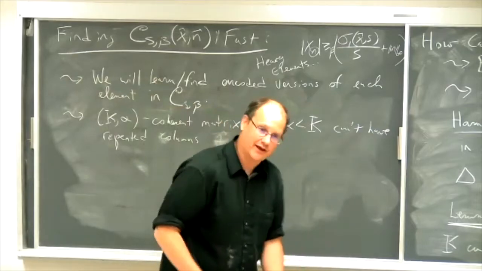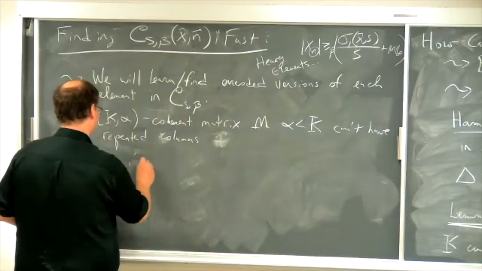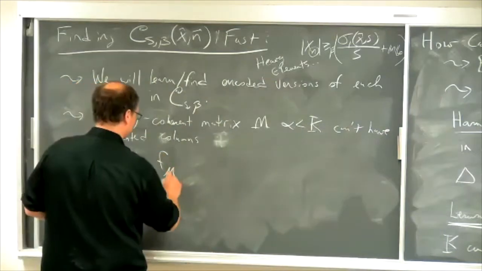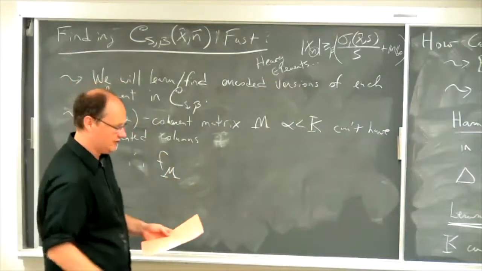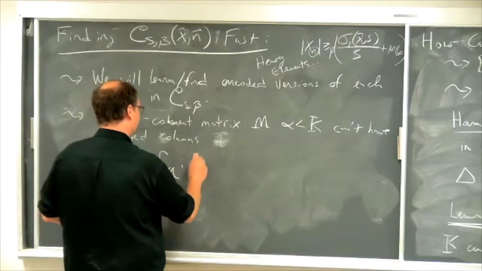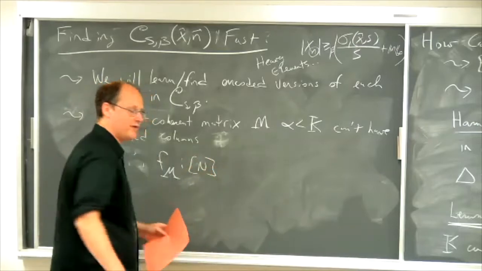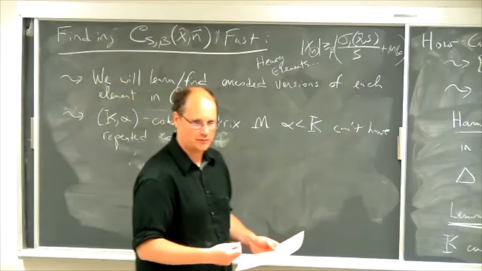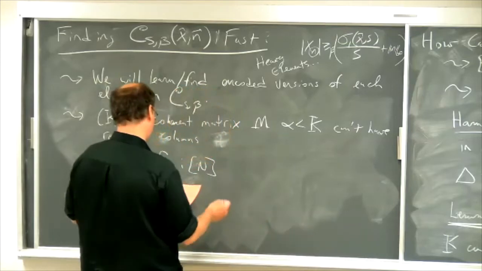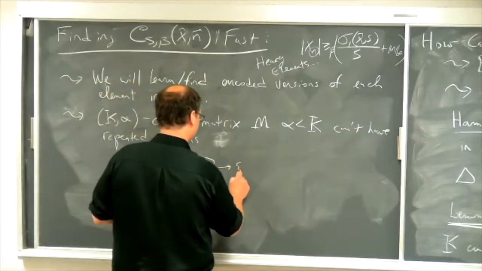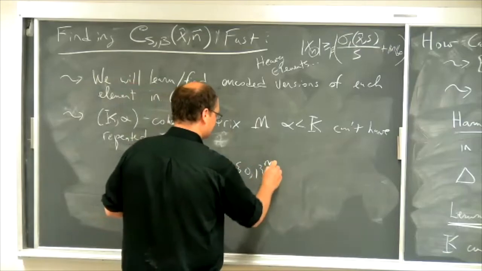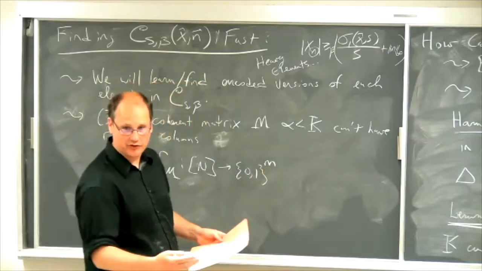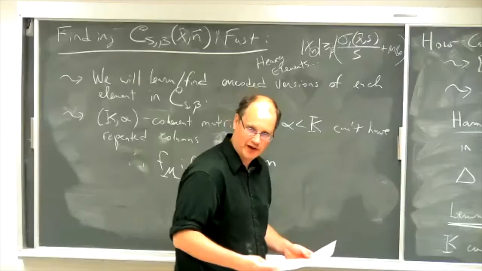That means that if I consider the function that simply takes elements of my column index set, so column numbers, and maps them to the column of M that corresponds, right?